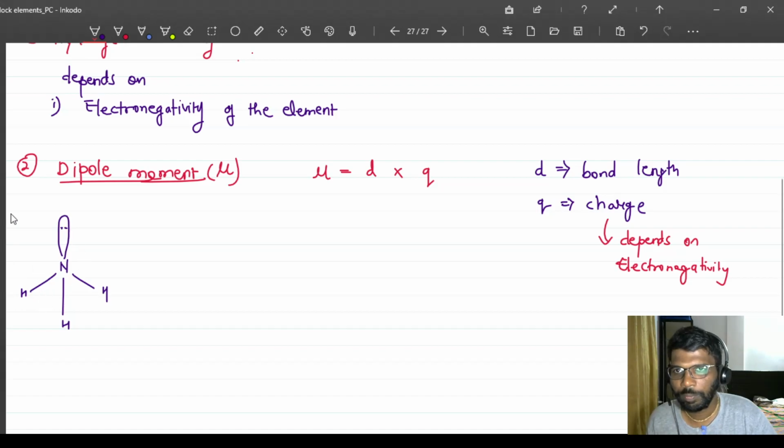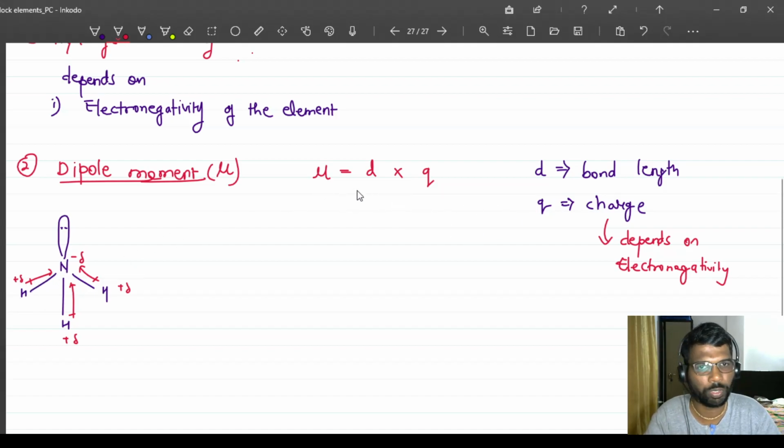Nitrogen is partially negative and the hydrogens are partially positive, and the dipole is oriented in this direction. So the dipole moment depends on the bond length and the charge: more electronegativity gives more charge separation, and more distance gives a longer bond length.